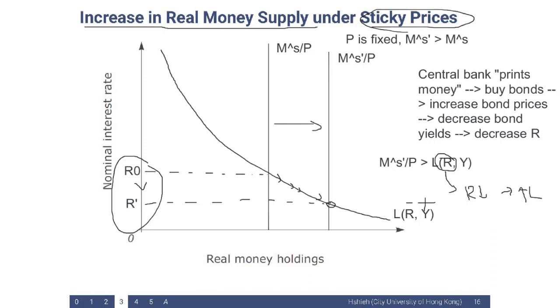So what has happened based on this statement here, increase in real money supply under sticky prices. Sticky prices mean P is fixed. And now we have a new level of money supply that's greater than the original level. And I'm going to use MS prime to denote the new level. Can somebody tell me what's going to happen in this graph when MS increases to MS prime?